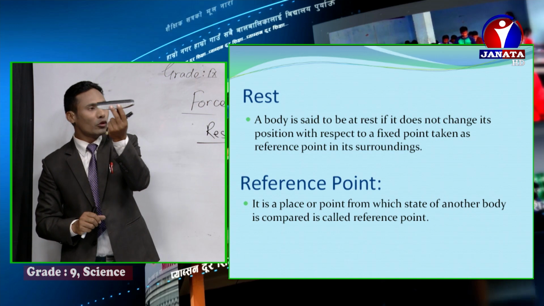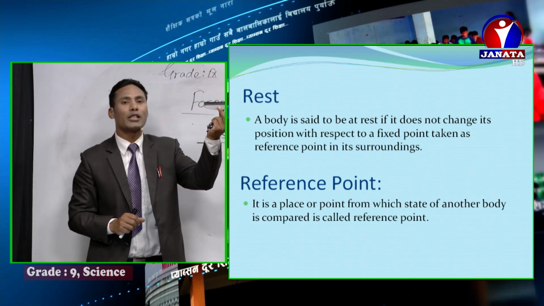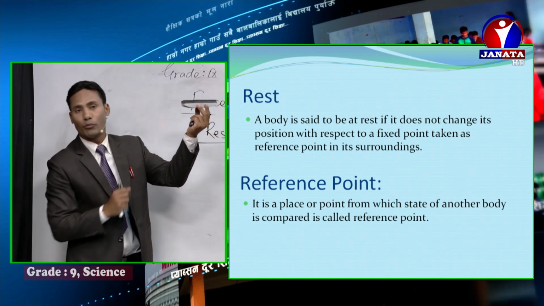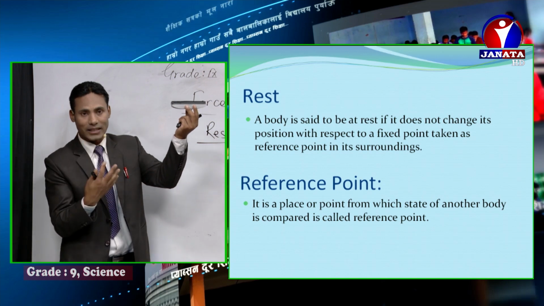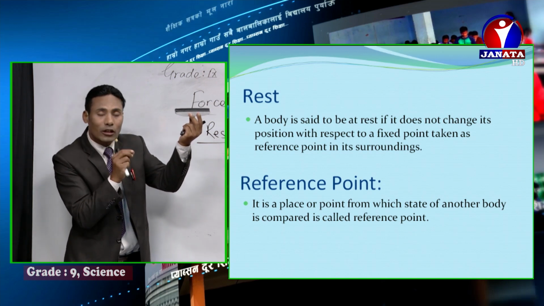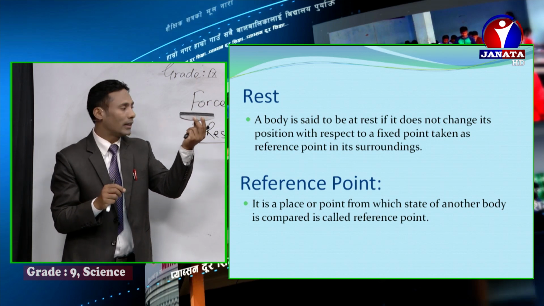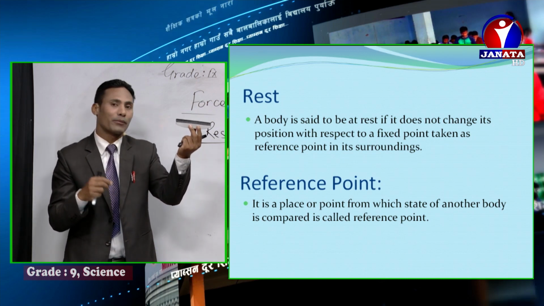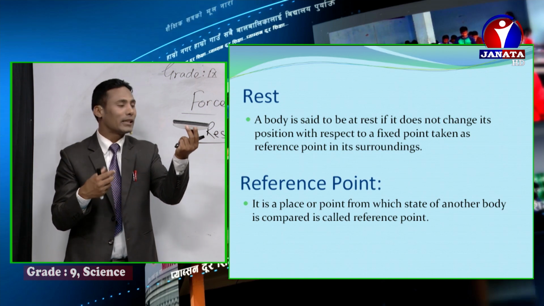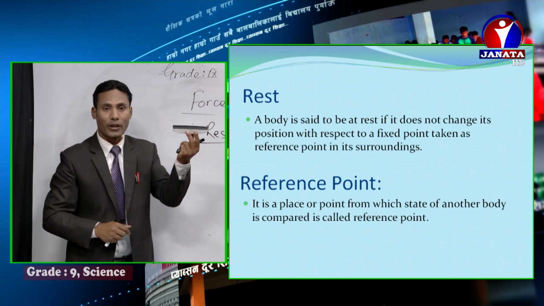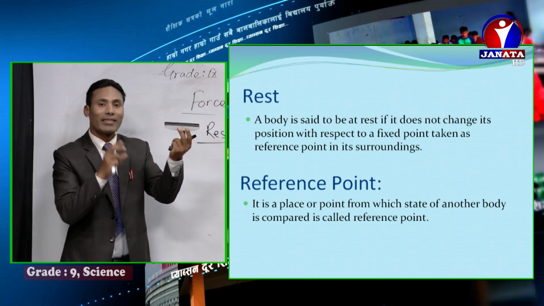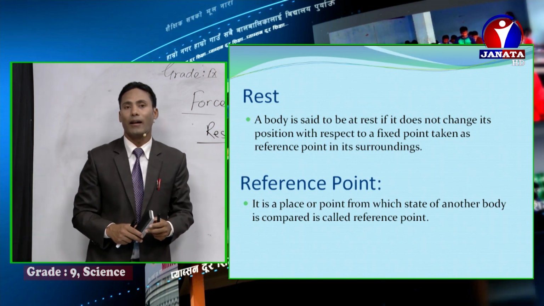If I just move like this, then it is changing its position with respect to this board, with respect to my face. So that is the case of motion. The object is said to be in motion if it is changing its distance from some reference point.